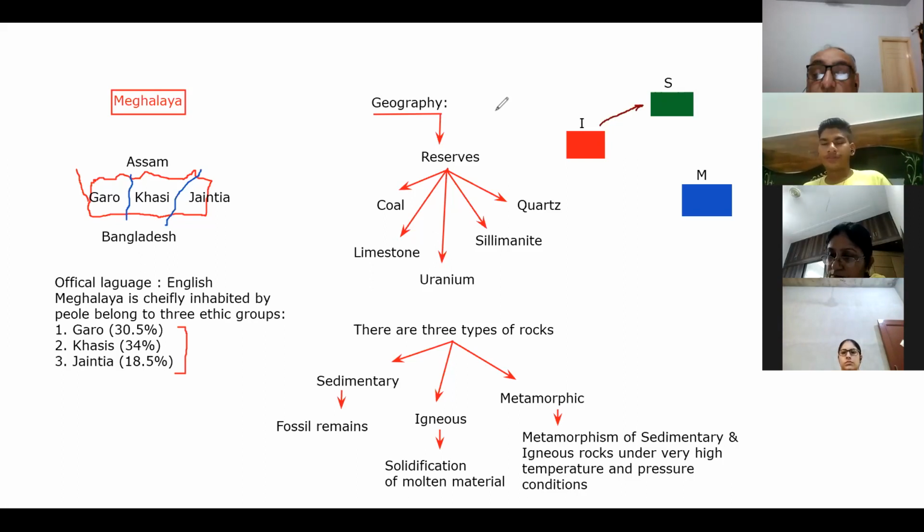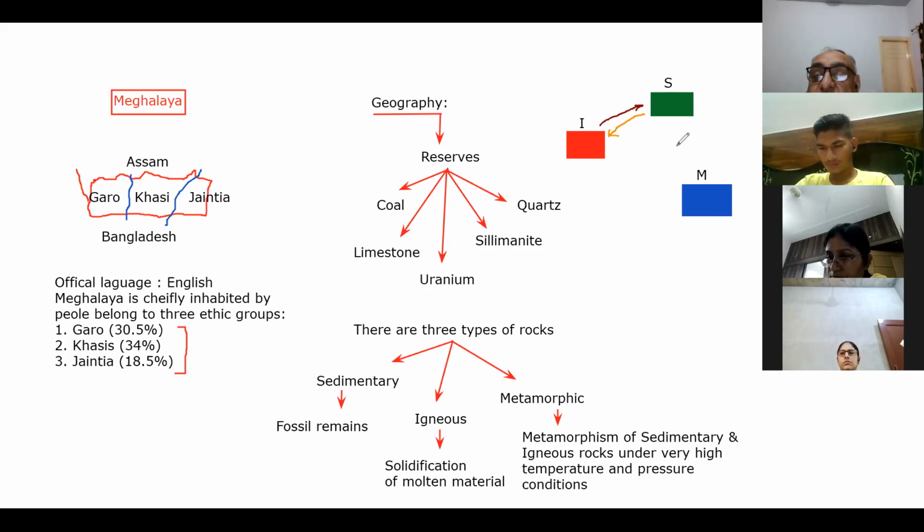Then beta, melting of the sedimentary rocks under high temperature conditions leads to the formation of the igneous rocks also.